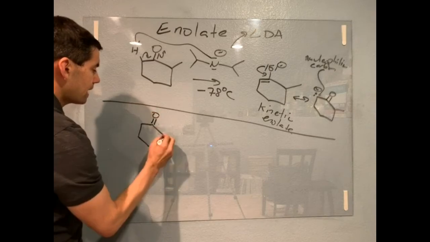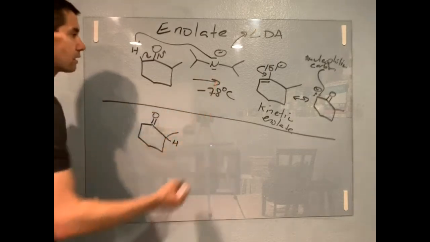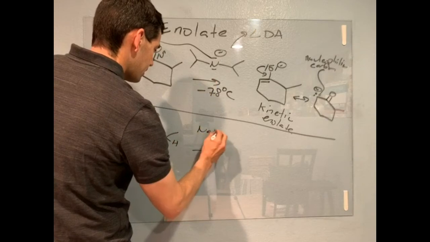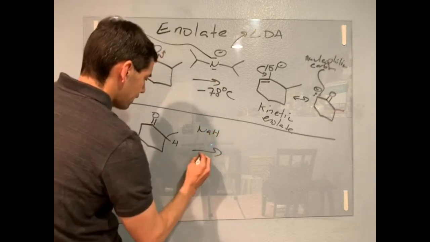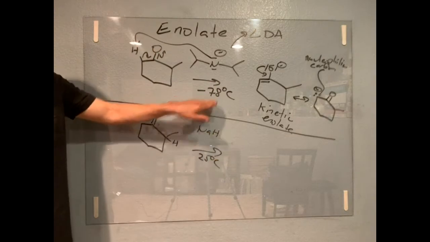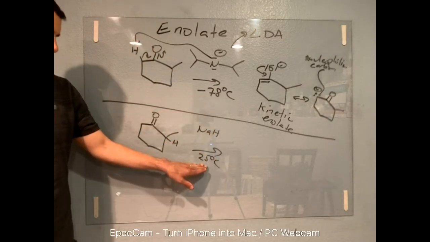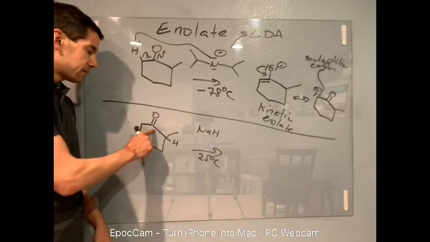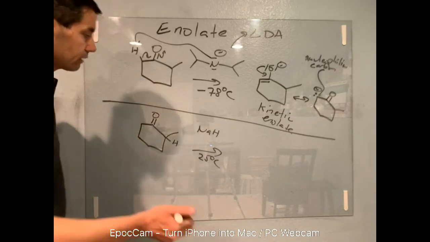We'll still use a strong base, but not as strong as our LDA. How about NaH? And we'll do this at 25 degrees. So we're not at so low of a temperature. We're at basically room temperature, maybe a little warmer, so that we make sure we form that more substituted enolate.